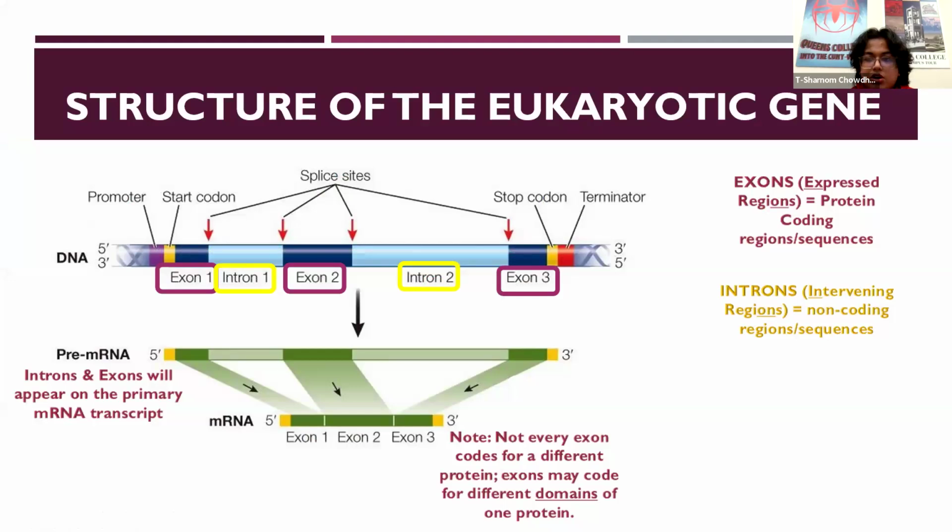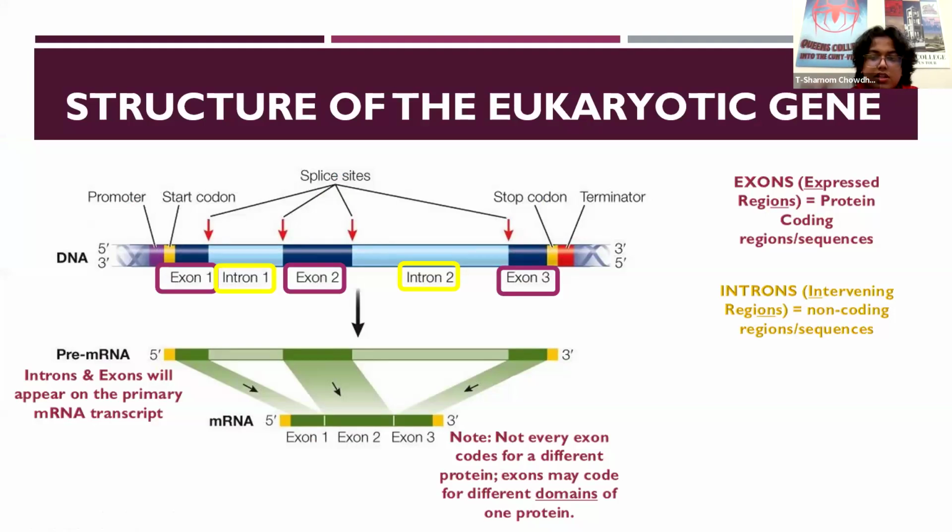Introns are your non-coding regions or sequences, while your exons are what's actually expressed. So basically introns and exons appear in the pre-mRNA, but in the mRNA, only the exons appear. The introns are excised out.